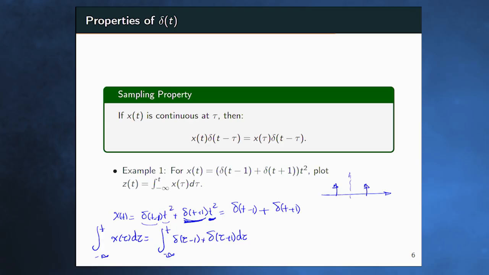So we have two deltas. This is t equals 0, and we have two deltas, one at t equals 1, the other one at t equals negative 1. When we are integrating, as we showed in the previous slide, we get u(t minus 1) plus u(t plus 1).